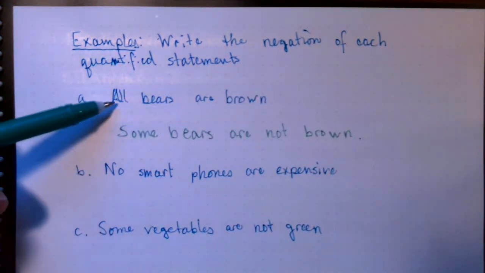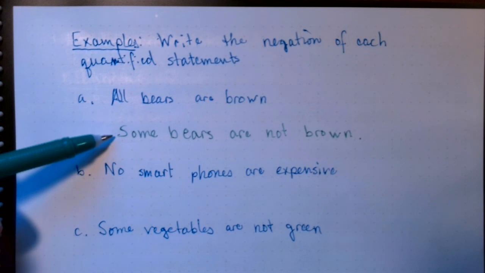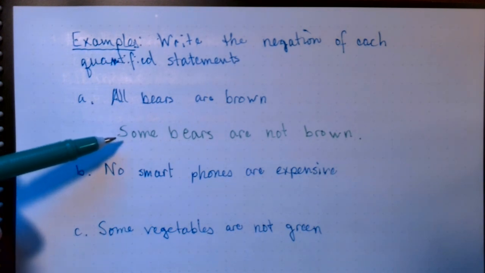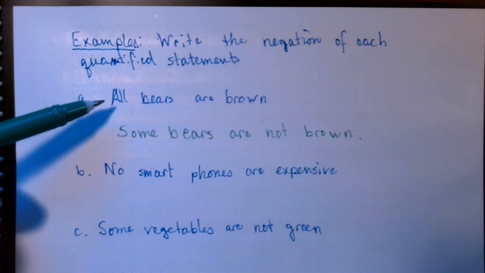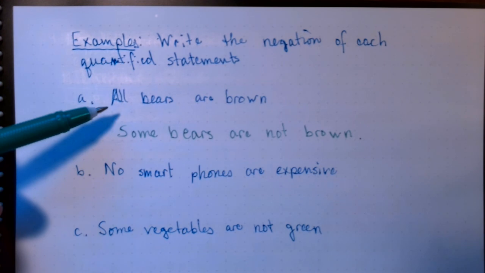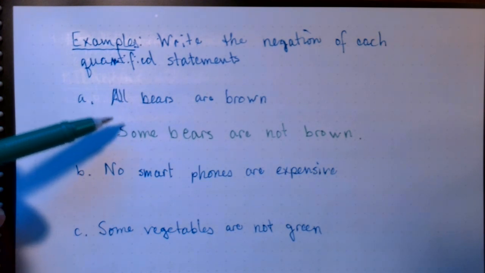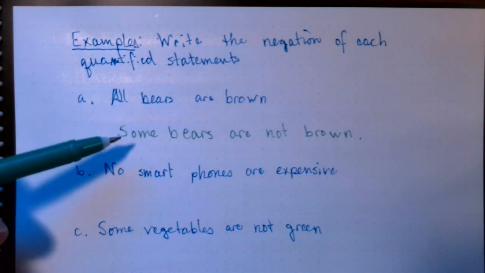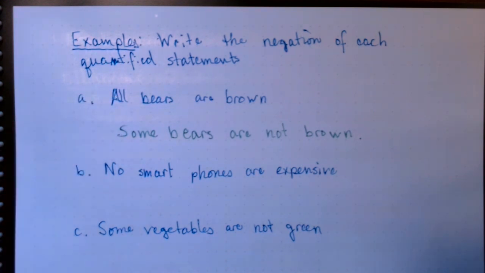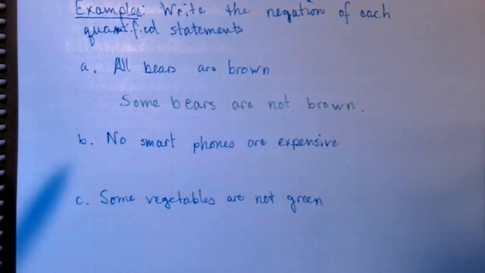Okay, remember, negating a statement with all leads to a statement that involves some. Okay, remember, all bears are brown. We know that's false because there are black bears and there are polar bears that are white. So to say no bears are brown, well, that would also be false. Some bears are not brown. That's the correct negation. It has the opposite truth value.